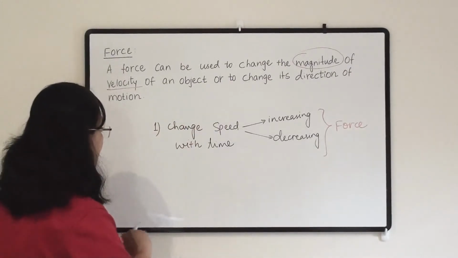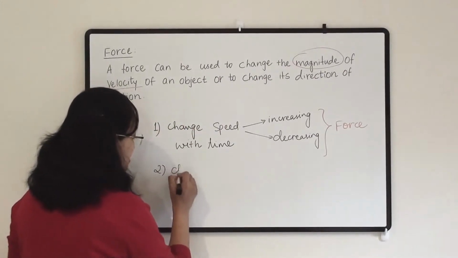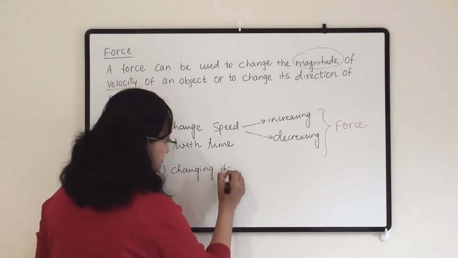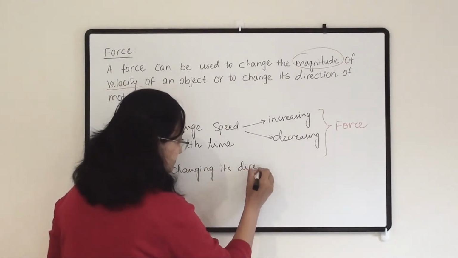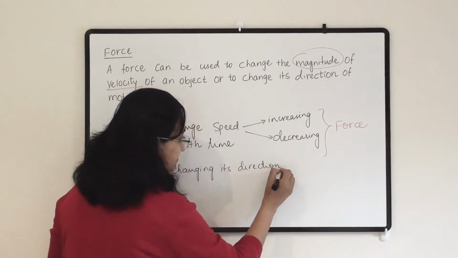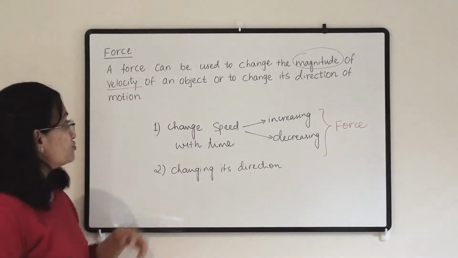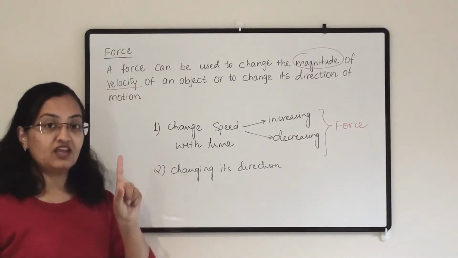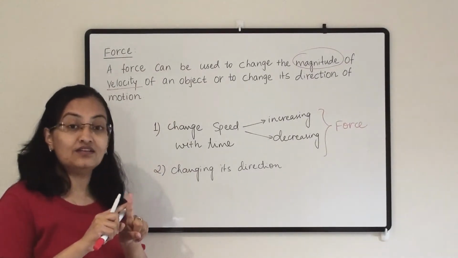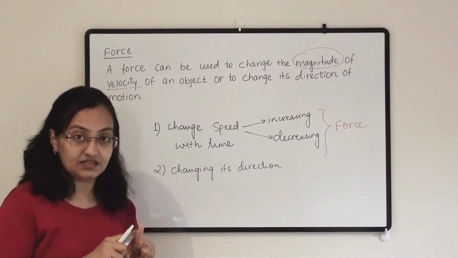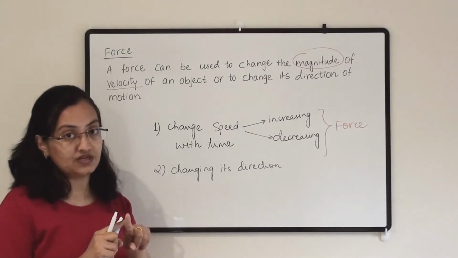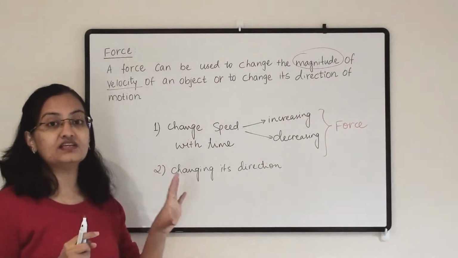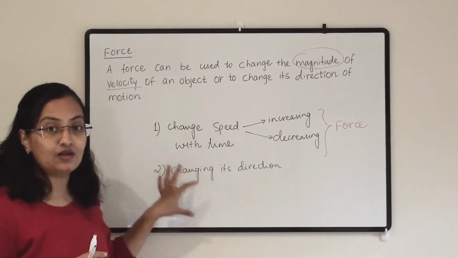So the second thing you are doing is changing its direction. With the application of force, basically two things we can do. If the body is already in motion, then either you can increase its speed or decrease its speed, and second, you can change its direction. All the things we can do with the help of force.